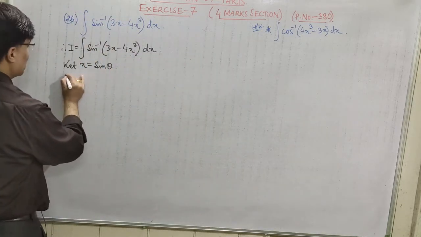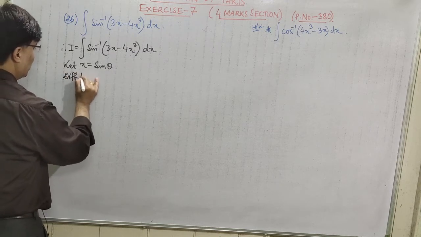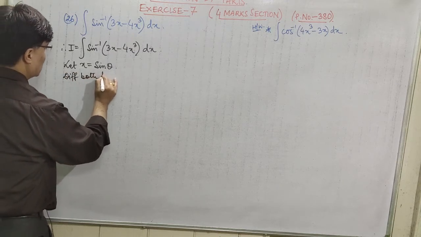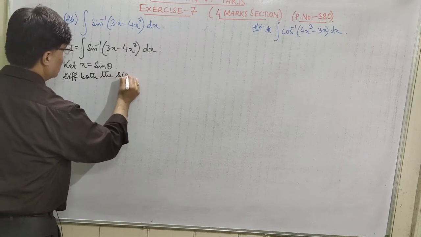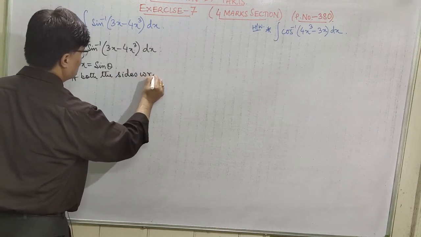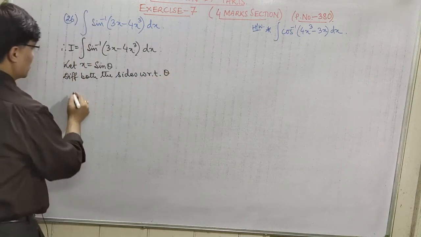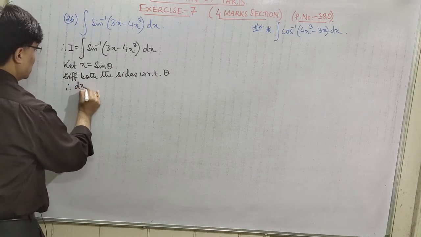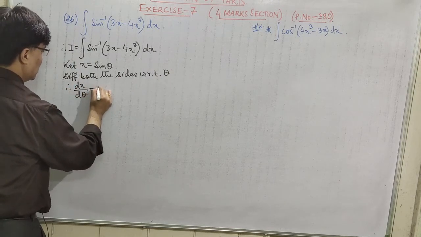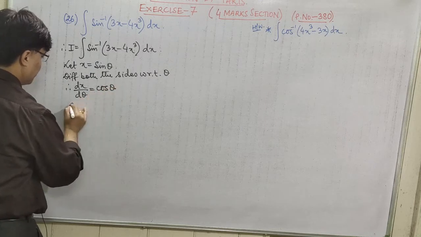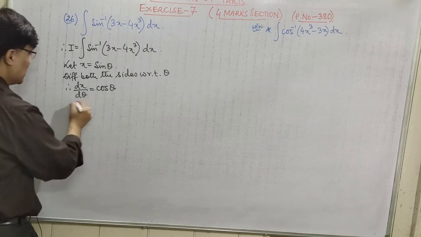So let us differentiate it. So differentiating both the sides with respect to theta. So what is dx by d theta here? It is cos theta. Now let us do cross multiplication.